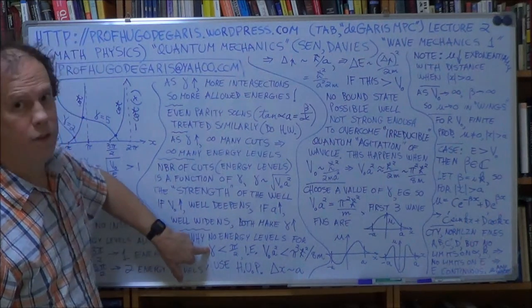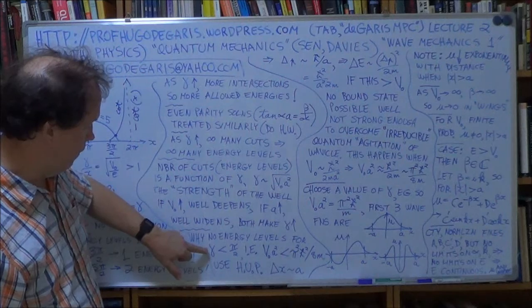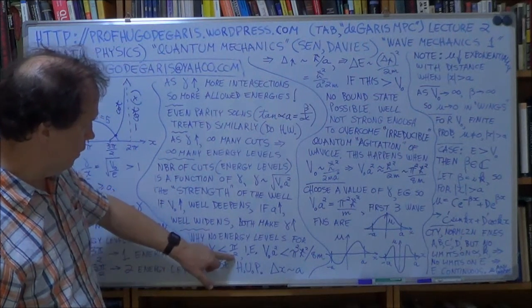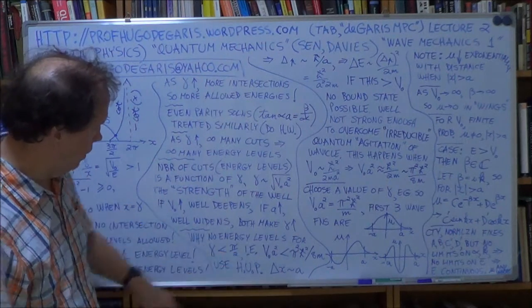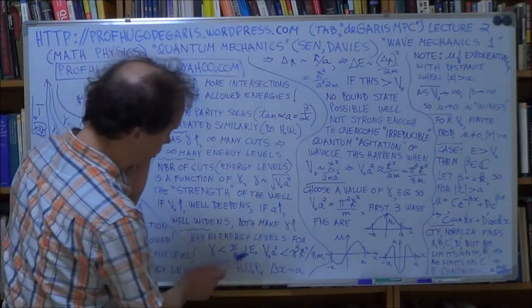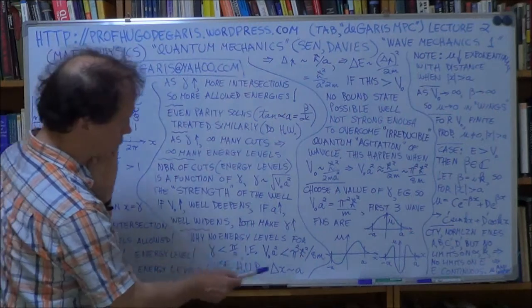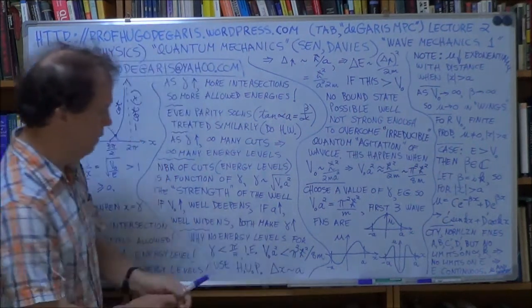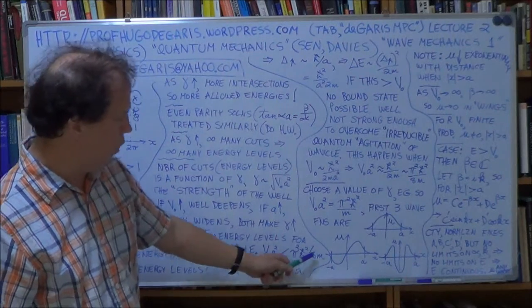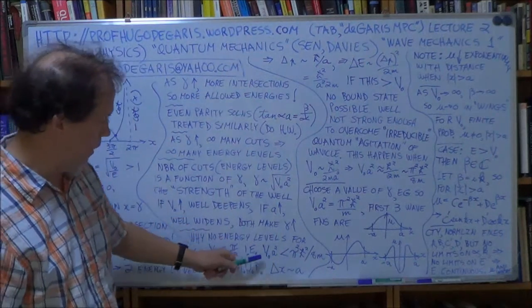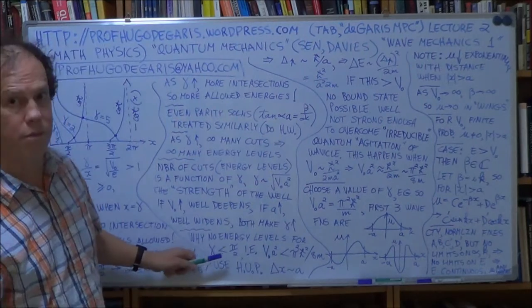Now, look at the definition of gamma. If gamma is less than pi over 2, then gamma squared is less than pi squared over 4. And then from the definition of gamma, you can rewrite this condition as this, right? So you get V naught a squared is less than pi squared h bar squared over 8m. Right? That just comes out of the definition of gamma, so look it up.